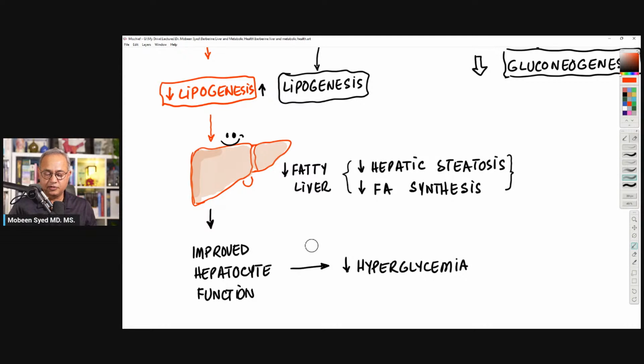But at the same time, please make sure it has interactions with the blood thinners, it has interactions with other drugs as well, because it works with the liver and it can cause the liver enzymes to behave differently, that can cause other drugs to behave differently. So this particular talk is not to say go get berberine, but to explain what it does.